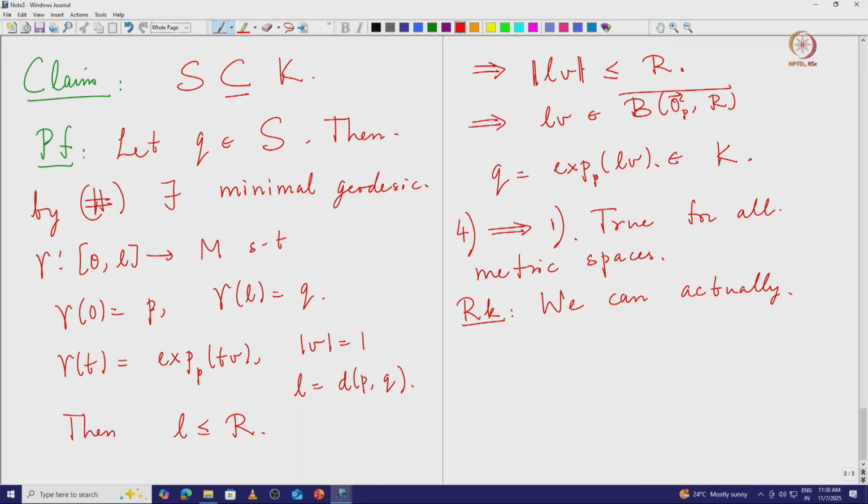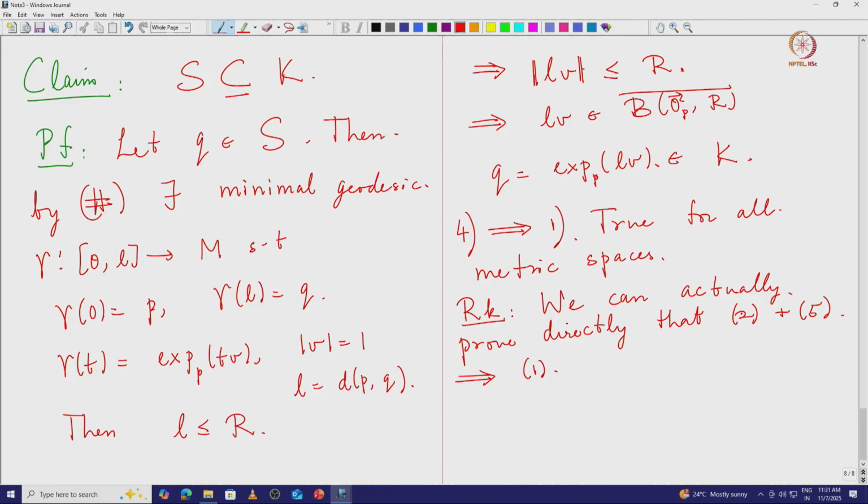We can actually prove directly that if you have the property 2 and the property 5, so the fact that you are working on a geodesically complete manifold, and let us say you also know that given any 2 points you have a minimal geodesic between them, then this actually implies metric completeness.